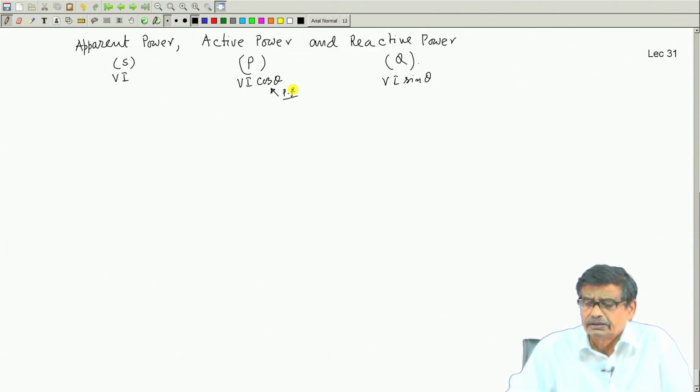But for large industrial consumers, the supply authority will insist that you maintain the power factor close to unity, maybe always above 0.8. Otherwise, they also charge you for the reactive power drawn by the load.